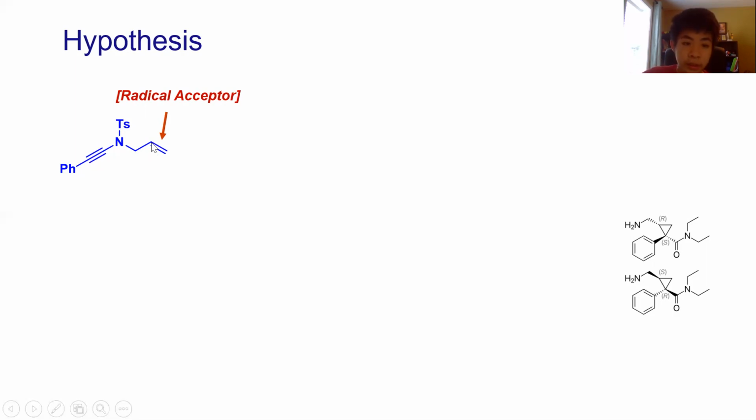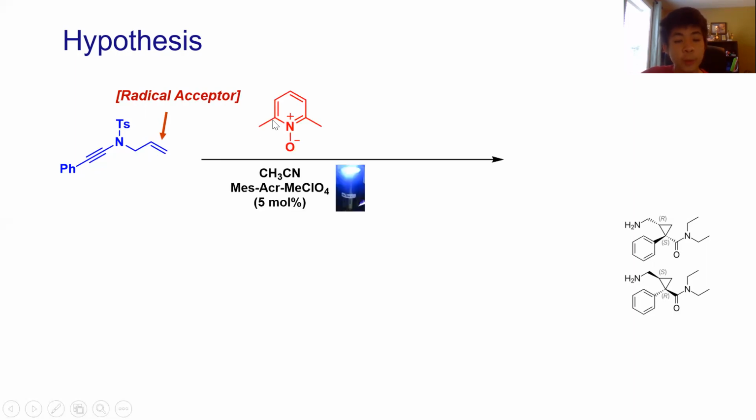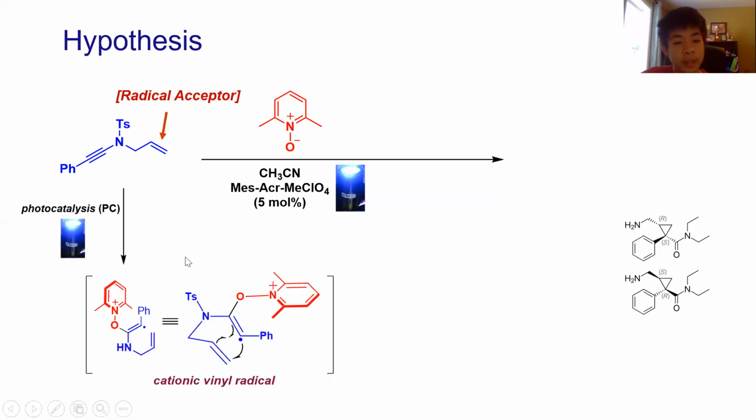In this case, this compound is more stable because it is resonance stabilized. So we reacted it with pyridine N-oxide, blue light, and a photocatalyst. And as you can see, the radical initially started on this triple bond, but then the radical acceptor trapped that radical, and then it eventually goes on our radical acceptor because it's more stable.